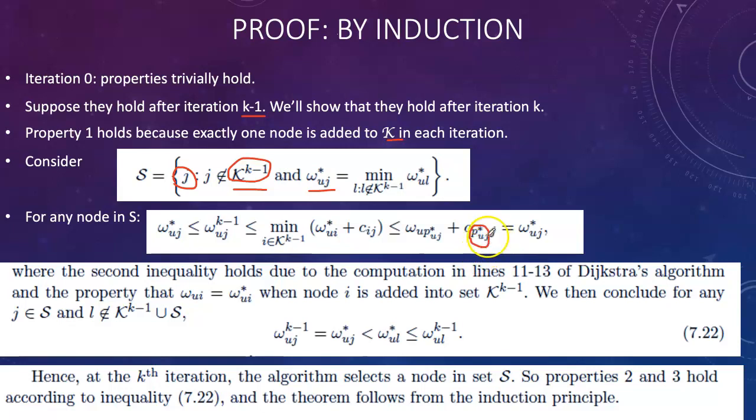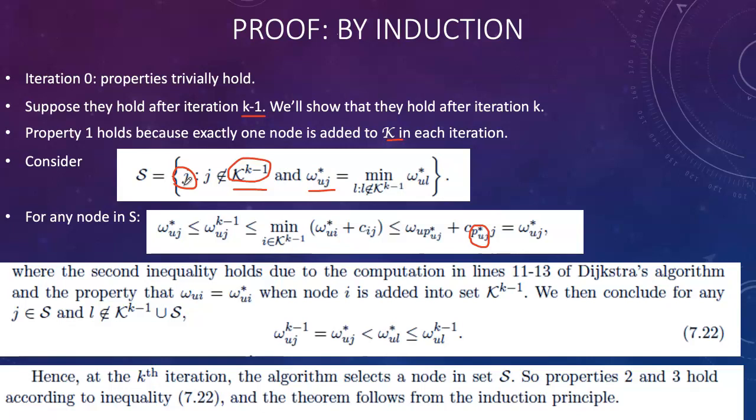That is, if node p(j*) is not a part of kappa, then since by definition it is the previous hop node, its cost must be smaller than that of j, but then j would not have been included in the set S. j would not have been a minimum cost node. So this is a contradiction. So this means that for every node in set S, the previous hop node must be a node in the set kappa.